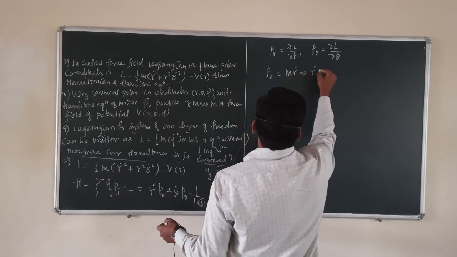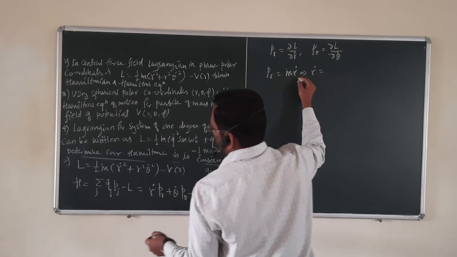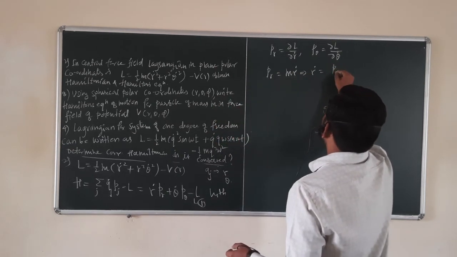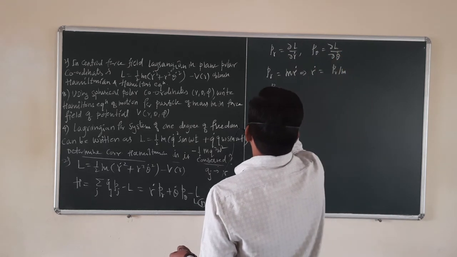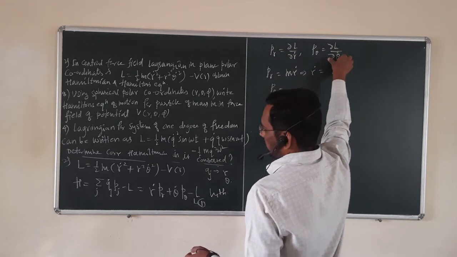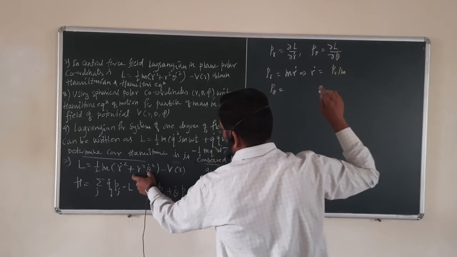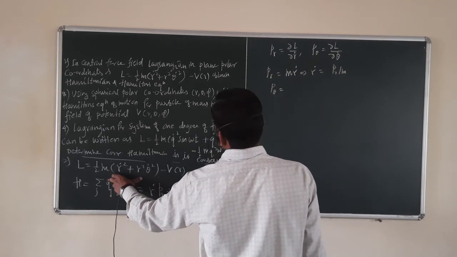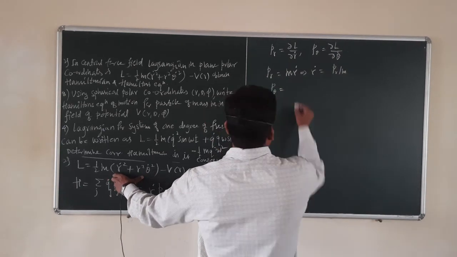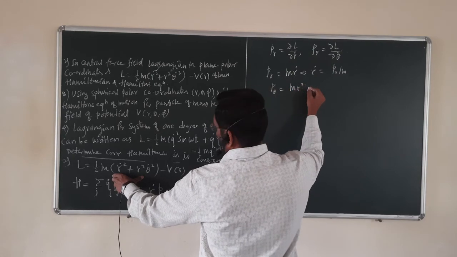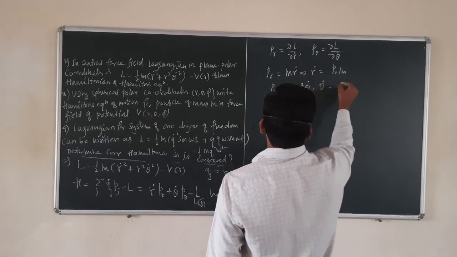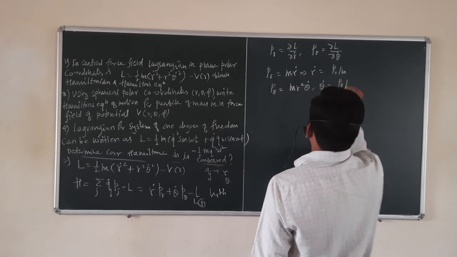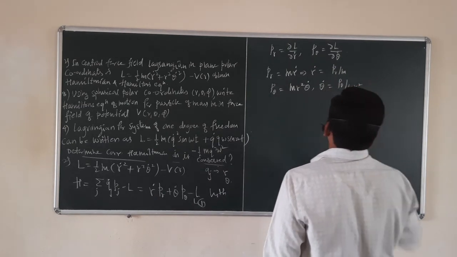So from this equation r dot is pr divided by m. And p theta is the partial derivative of the Lagrangian with respect to theta dot, so that becomes m r square into theta dot. So theta dot is p theta divided by m r square.